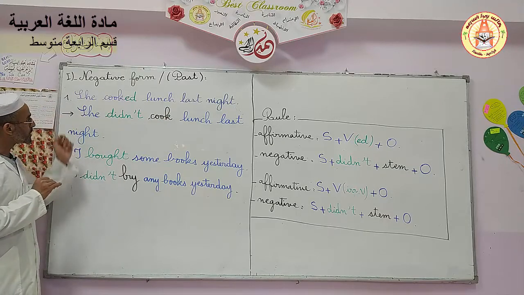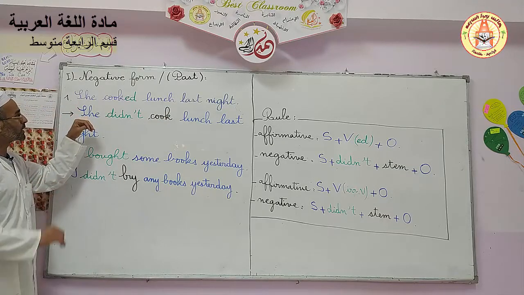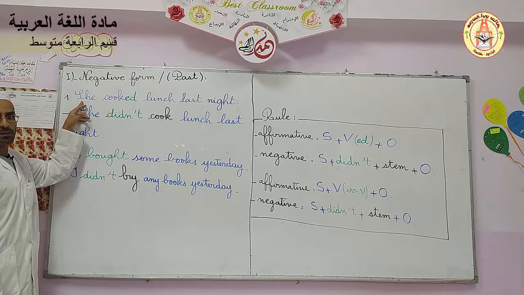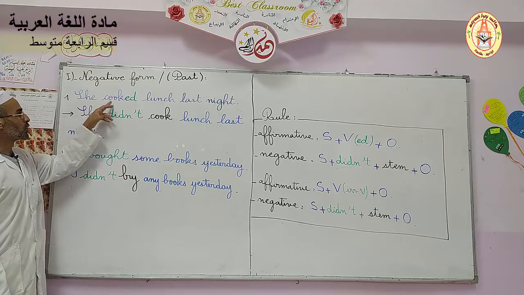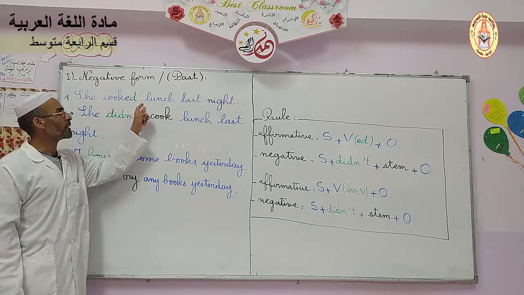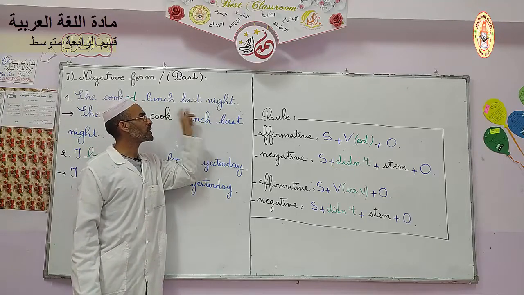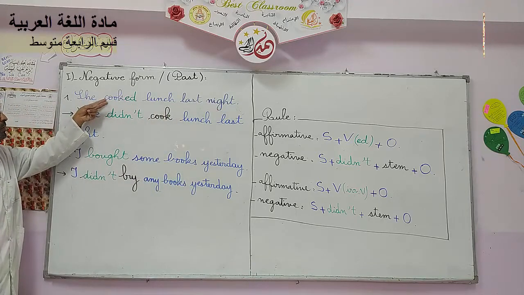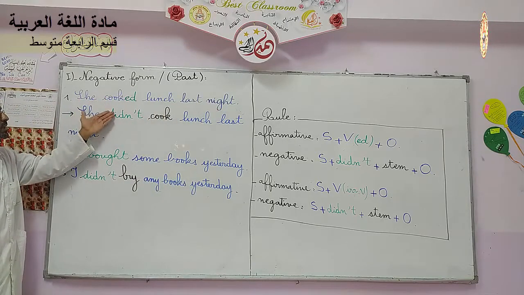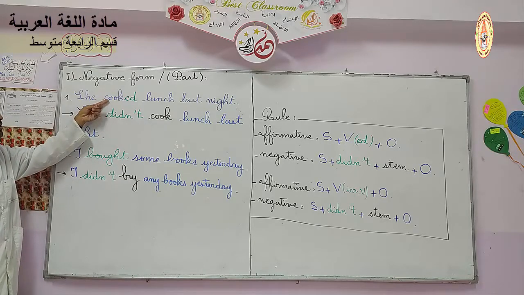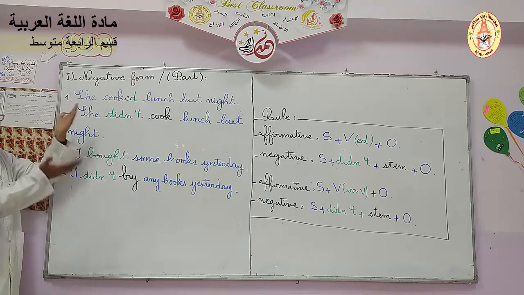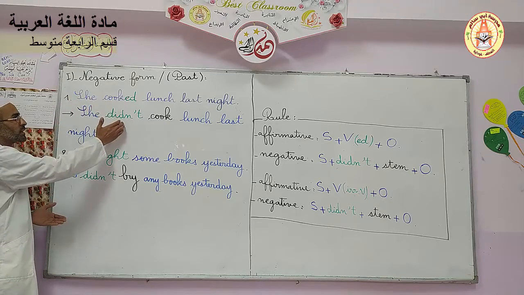Now, when you change this sentence to negative form, first let's look here. We have she, it's the subject, cooked is the verb, and lunch last night, these are the objects. Now what's the difference between this sentence and this one?